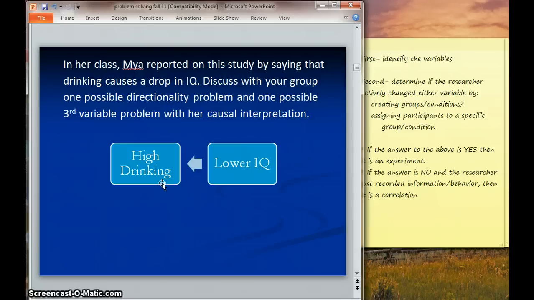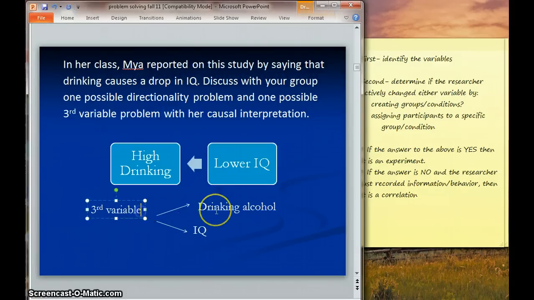Now I've added the information for the third variable, and here we're looking for potential variables out there that could cause both high drinking and lower IQ. So what might be some things that could cause both of these variables?